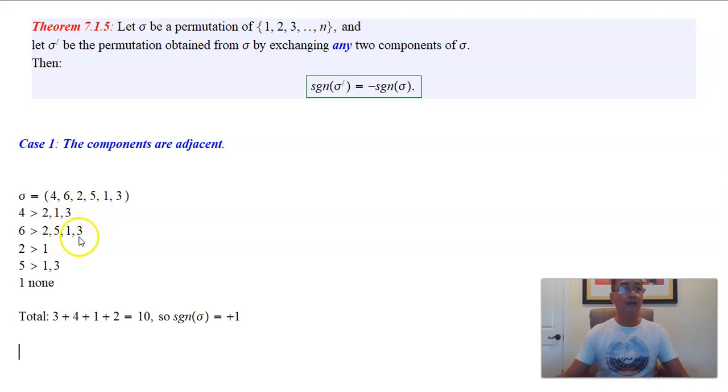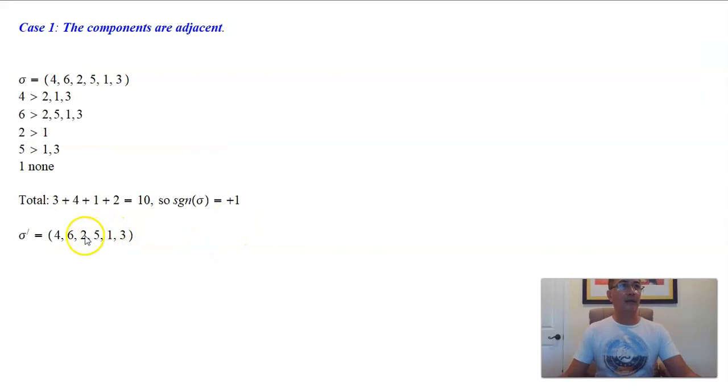We have 3, 4, 7, 8, 9, 10 inversions. Total, the sign is positive, +1. So what we're going to do is we're going to switch any two adjacent components of this permutation, and we're going to check that the sign does switch.